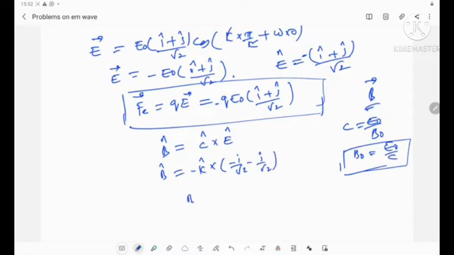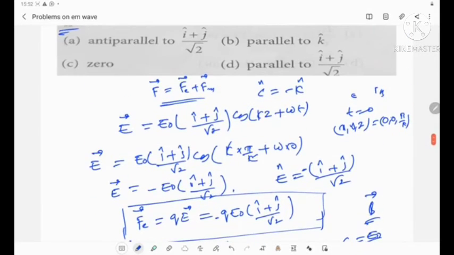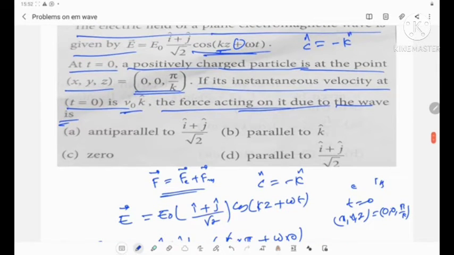Therefore, the cross product gives B cap equal to minus i by root 2 plus j by root 2. This is B cap. Now the force due to the magnetic field becomes Q into V bar cross B bar, where V bar is nothing but V naught k cap.